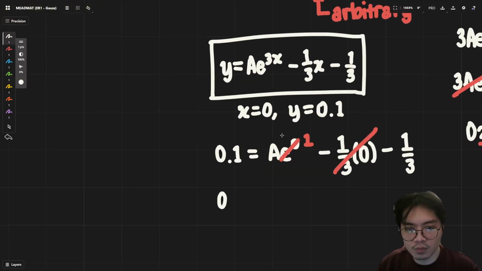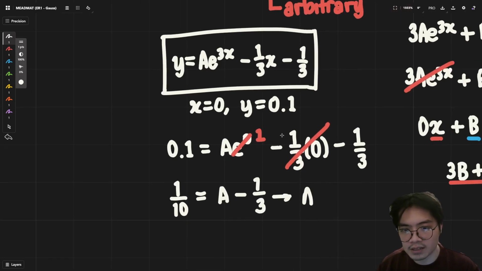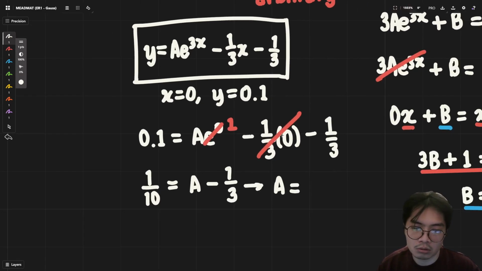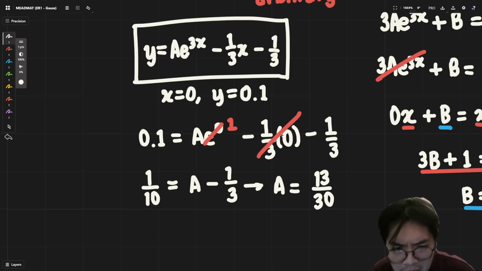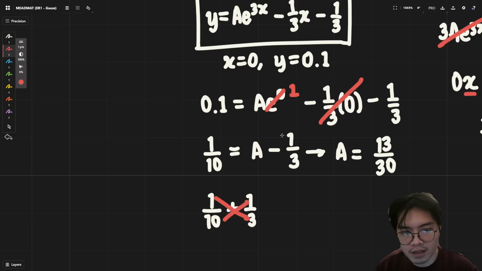You'll have 0.1 or 1/10 is equal to a minus 1/3. That means that your a is going to be equal to 13/30. Let's just check: 1/10 plus 1/3, you butterfly that, that becomes 3 plus 10, 13/30. Yep, 13/30 is our a.